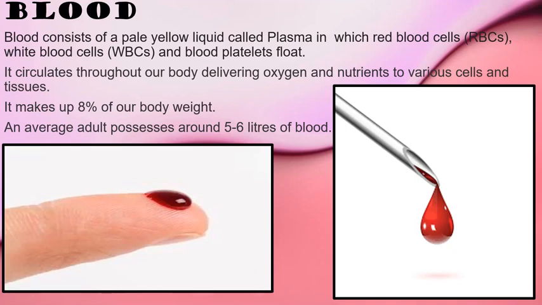Students, it circulates throughout our body, delivering oxygen and nutrients to various cells and tissues. Blood makes up 8% of our body weight. An average adult possesses around 5 to 6 liters of blood.